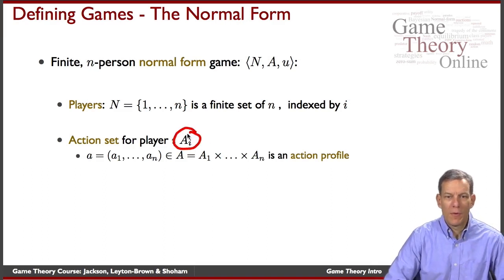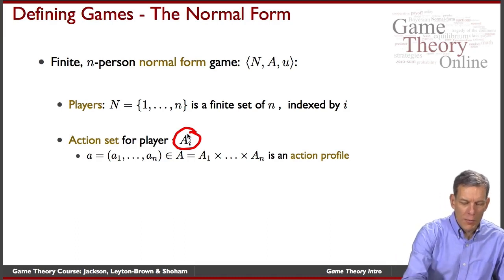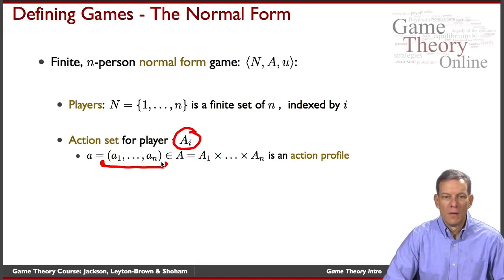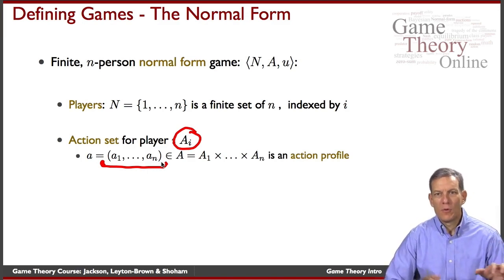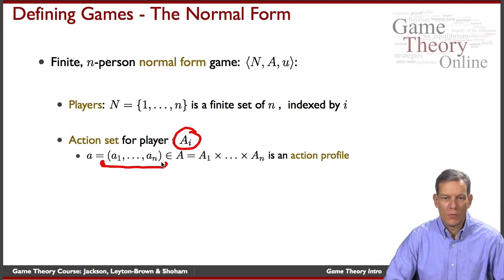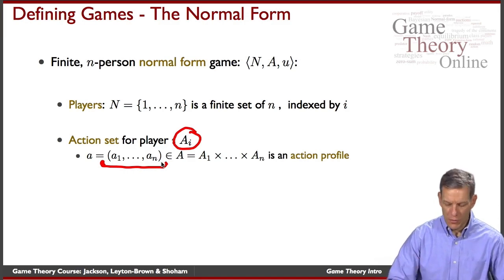Okay, so we'll let that represent the actions of player i, and then we'll talk about profiles of actions, which will just be a list of what every player is doing. So, for instance, are they deciding to cooperate or not to cooperate with other players, for instance, in a prisoner's dilemma that we'll talk about.